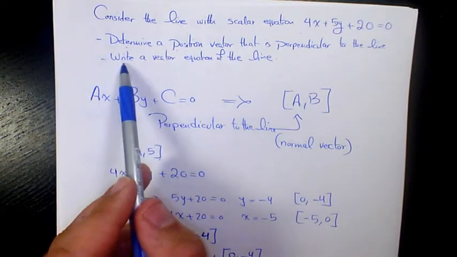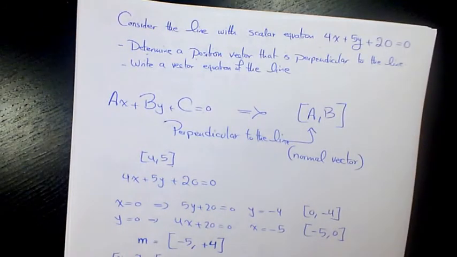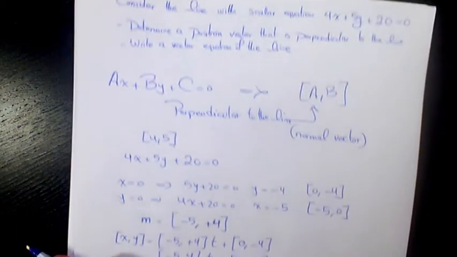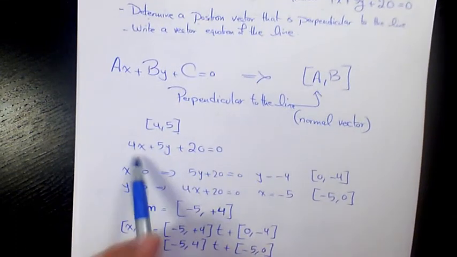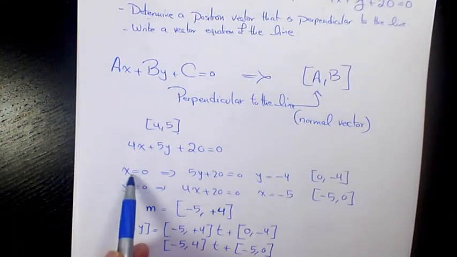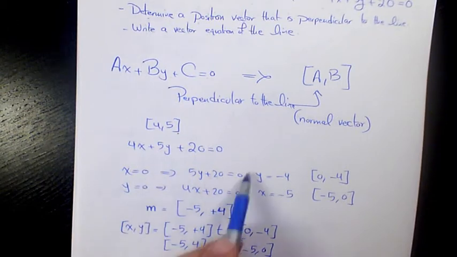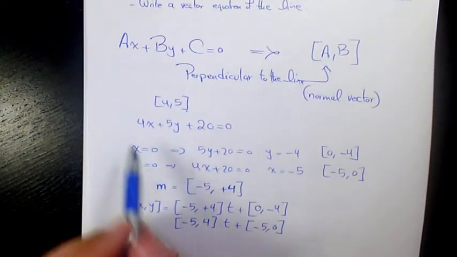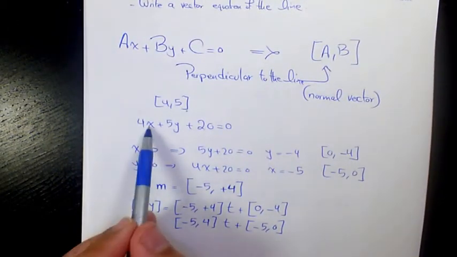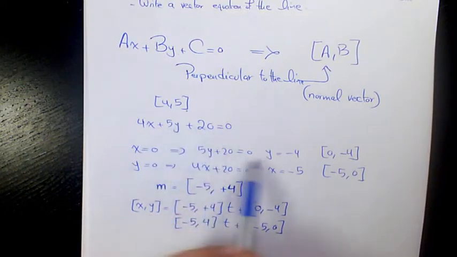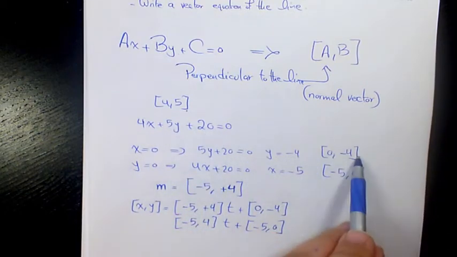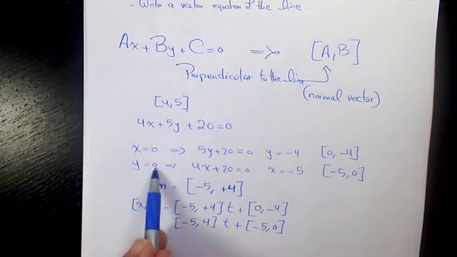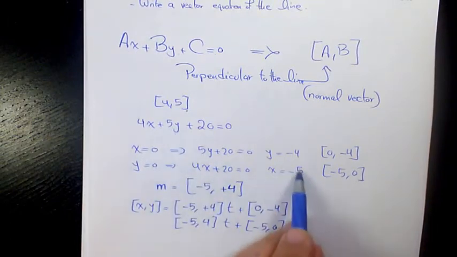Part B, it says write a vector equation of the line. We need to find the 2 points first. When x equals 0, 5y plus 20 equals 0, y equals negative 4, so 0 and negative 4. And whenever y is 0, when you sub it there, x equals negative 5.